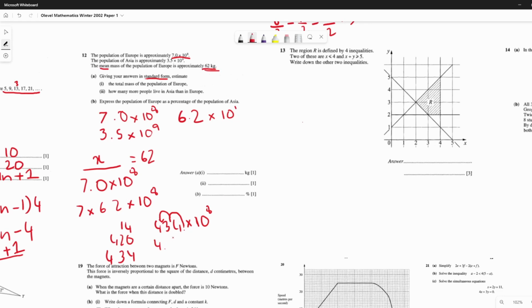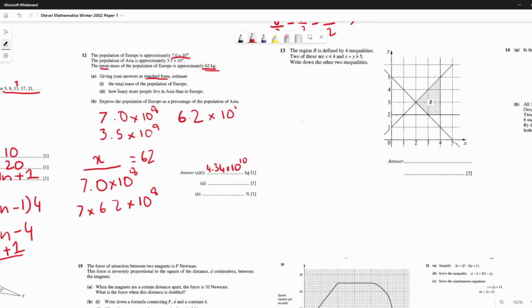So we can write this as 4.34 into 10 to the power of 10, right? Okay, hold up. 4.34 into 10 to the power of 10.